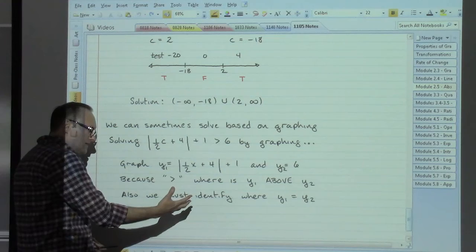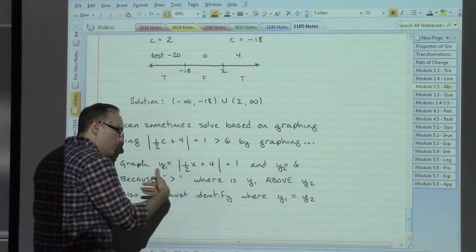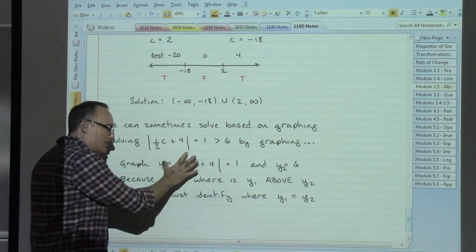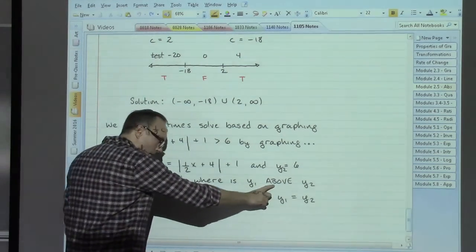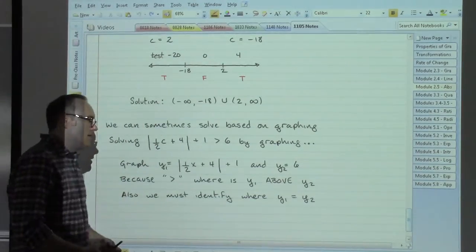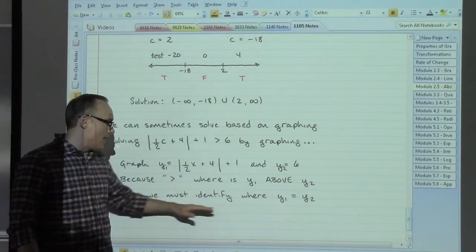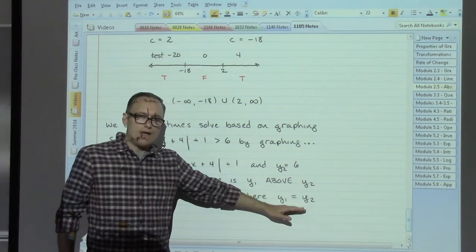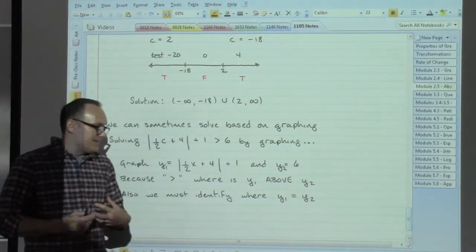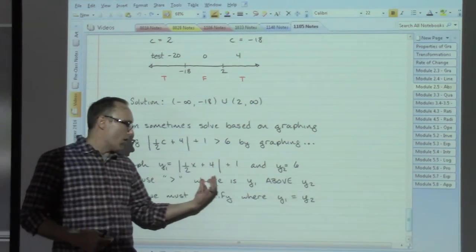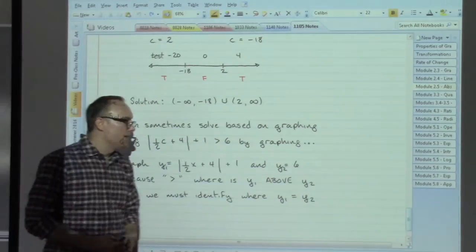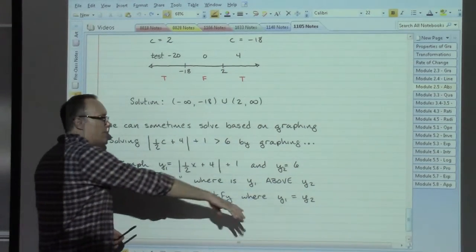Because of the inequality symbol, we would be interested in our picture, where is the y1 graph above, greater than, the y2 graph. So if we can identify where those two graphs intersect with one another, then we can tell where our y1 graph is above the y2 graph, and where they are equal to one another.